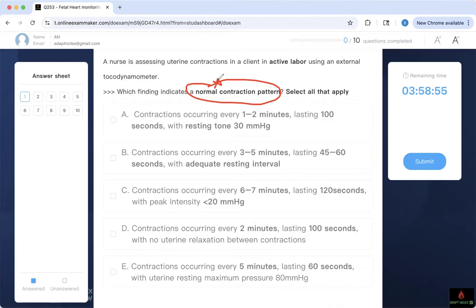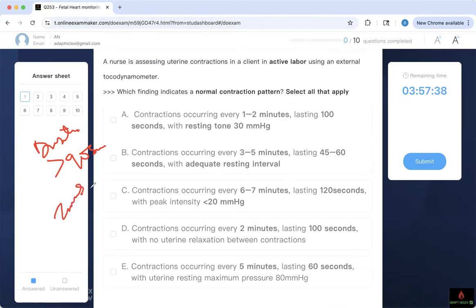Now, what are the things you should pay attention to when you read the answer choices for this particular question? Number one, when you're contracting, the duration should not be more than 90 seconds. If it's more than 90 seconds, it's bad. When you contract, how long should you wait? That means the interval is at least 2 minutes.